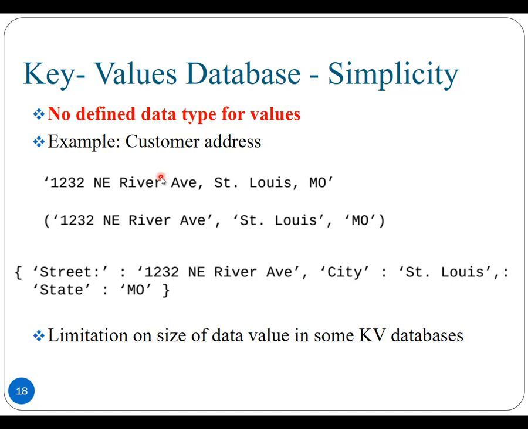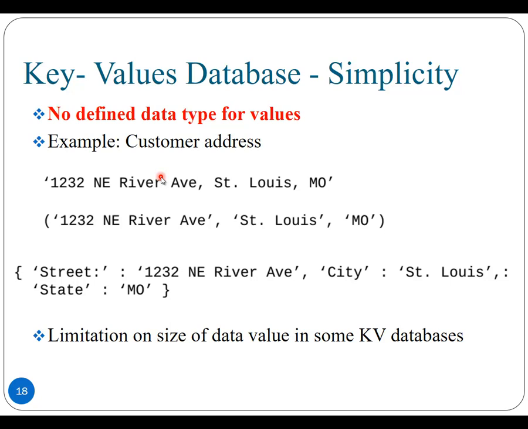And also, we have some limitations on the size of the values. For example, the address: what is the size of the address? 50 characters, 100 characters? We have to define this. Or we don't have to define it, this is something that we have in the database.